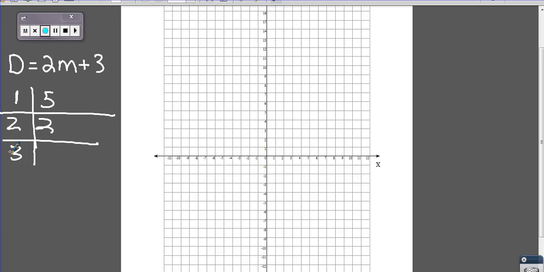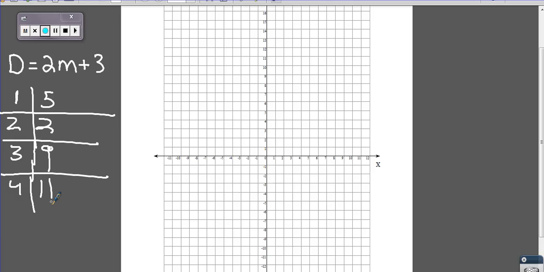You go 3 miles, what's that going to cost you? That's $9, right? Let's do one more. If you go 4 miles, what's it going to cost you? 11.